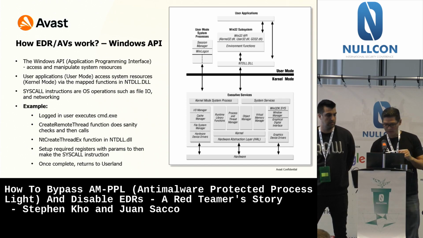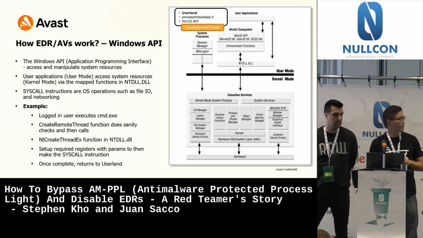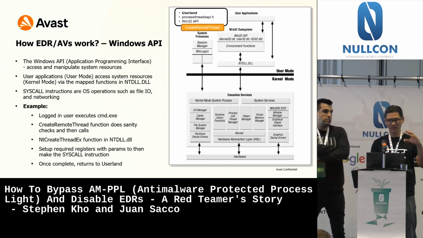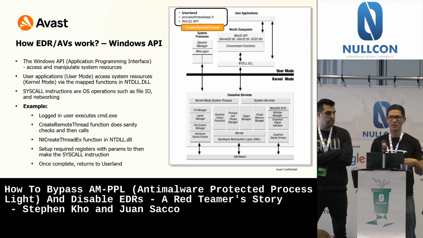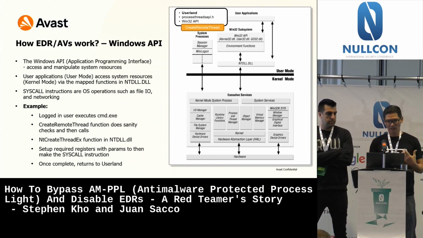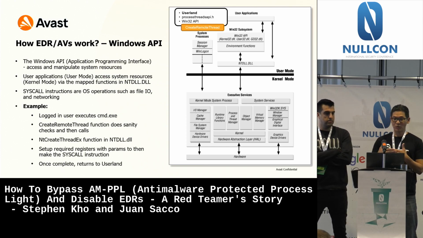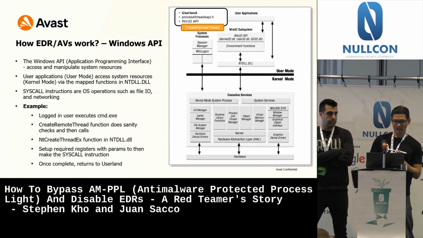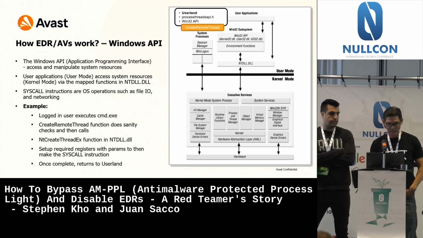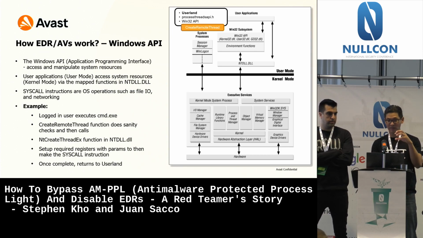Now, let's take you through an example just to walk through it. Pretending we have a user land process. So, for example, you execute cmd.exe or whatever program you do, and then to create a process, it will call a function in user land to the NTDLL that's unexported.